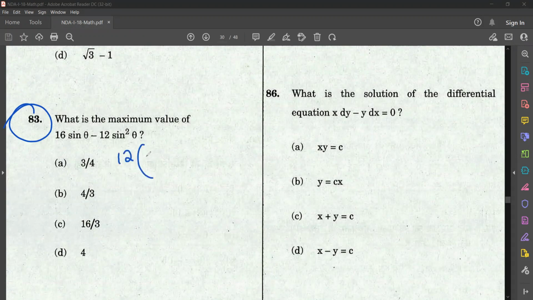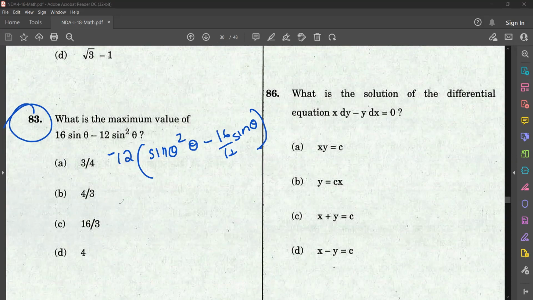So this will become 12 common, minus 12 taken common, so this will become sin square theta minus 16 by 12 sin theta, isn't it? Okay.